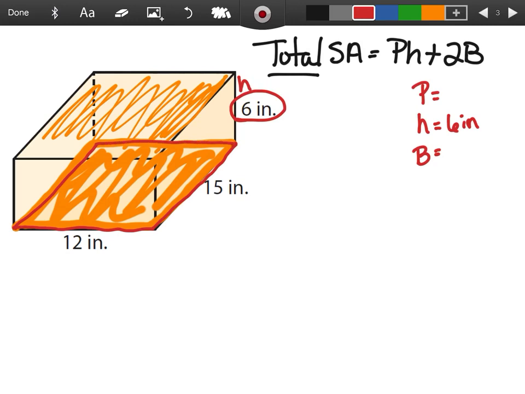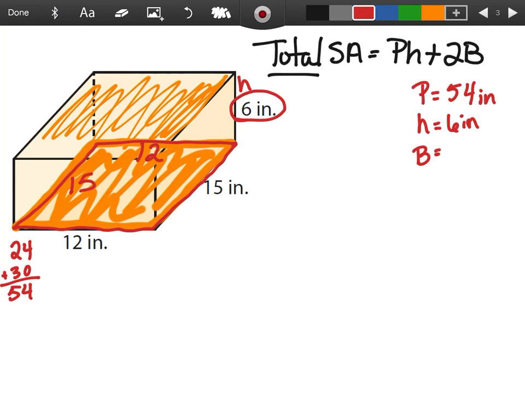Perimeter means if I walk around the whole thing, or make a fence around it. So this side is 12, this side is 12, and this side is 15, and this side is 15. 15 and 15 is 30, 12 and 12 is 24. 24 and 30 added together makes 54. So my perimeter is 54 inches.